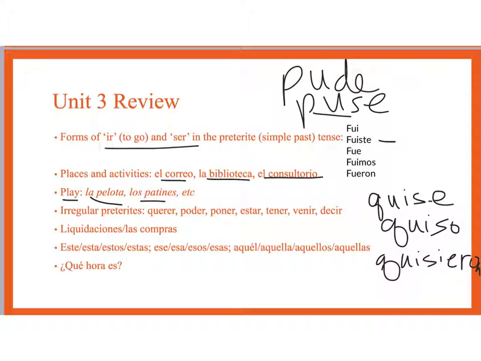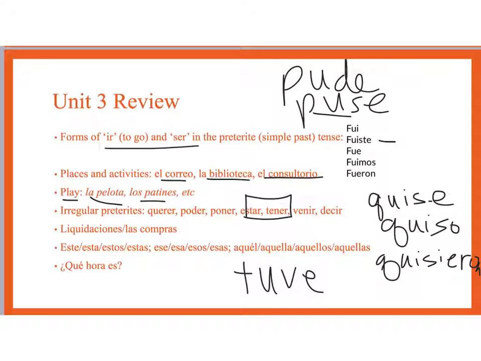Estar and tener are actually closely related. What it really looks like is the past of estar is just like tener with the es added on to the beginning. So let's look at tener first. Tener, you would get tuve. Right? It's like you go into the tube.